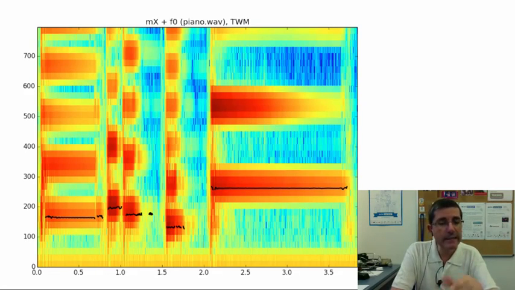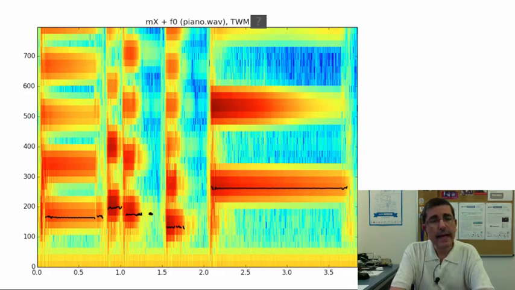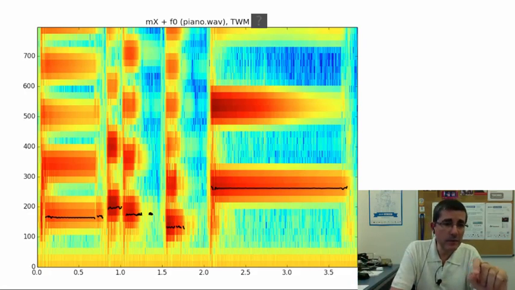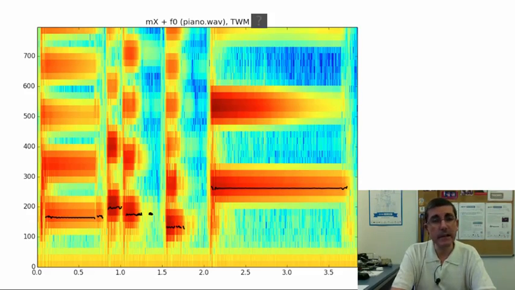And let's listen to the first, to the piano sound. And then let's listen to this fundamental frequency as a sinusoid. Well, there are some glitches, especially in some areas where we see some gaps, but it does a pretty decent job in following this fundamental frequency.